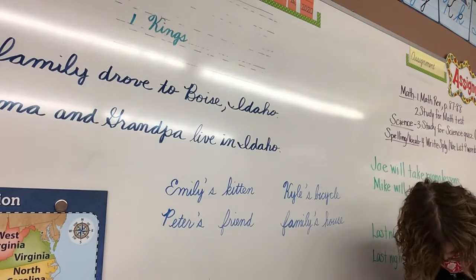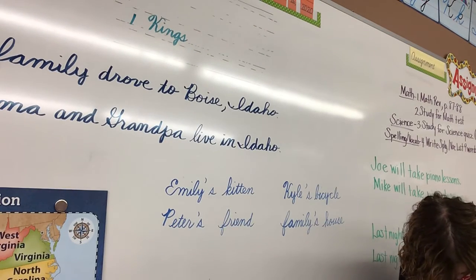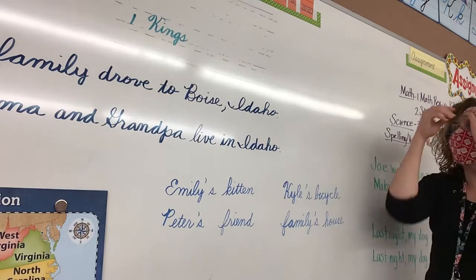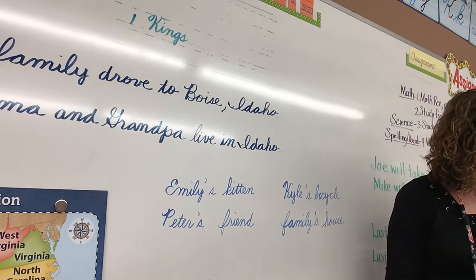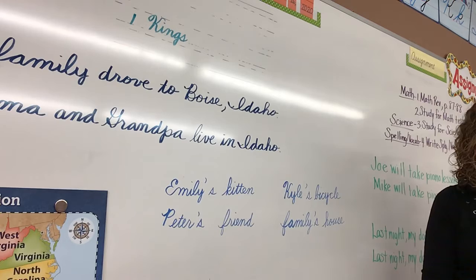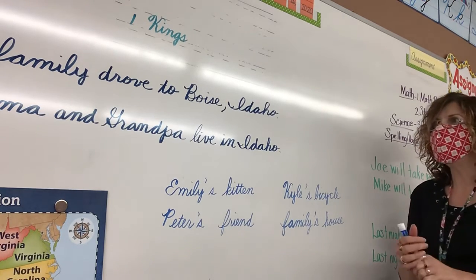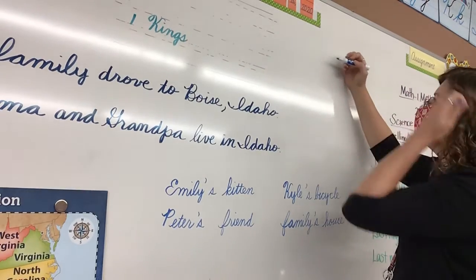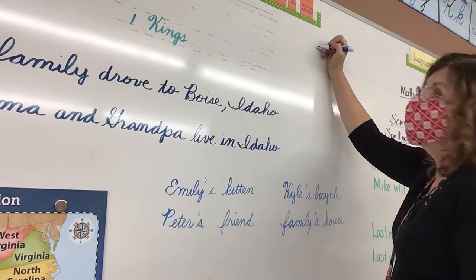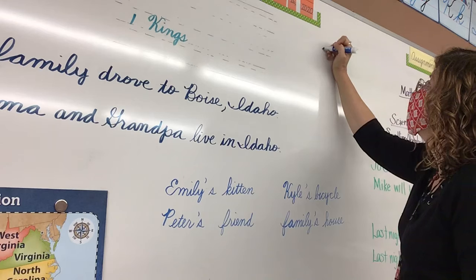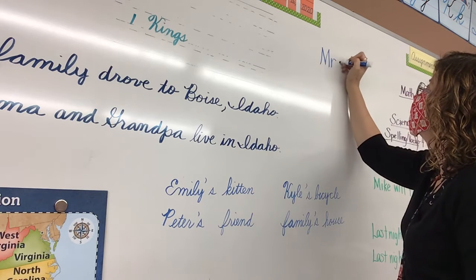All right, now let's just talk about the abbreviations for titles of respect. So give me a title of respect. Paige. Mrs. How would you spell Mrs.? The abbreviation. Capital M-R-S period. Yes, M-R-S period.